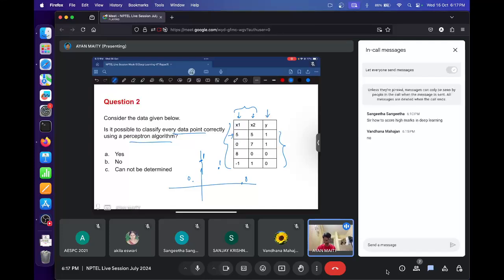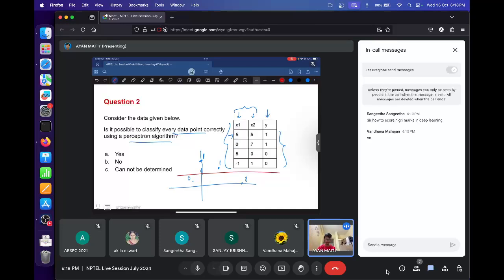From this rough plotting of the 4 points, we can easily see that we can find a straight line like this red one that I just drew, which can be used as a decision boundary. All the points belonging to class 1 are above this red line, and all the points belonging to class 0 are below it.